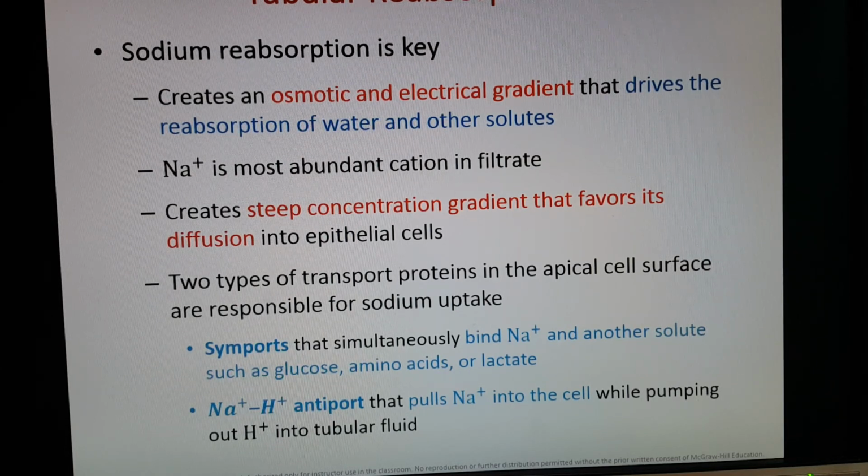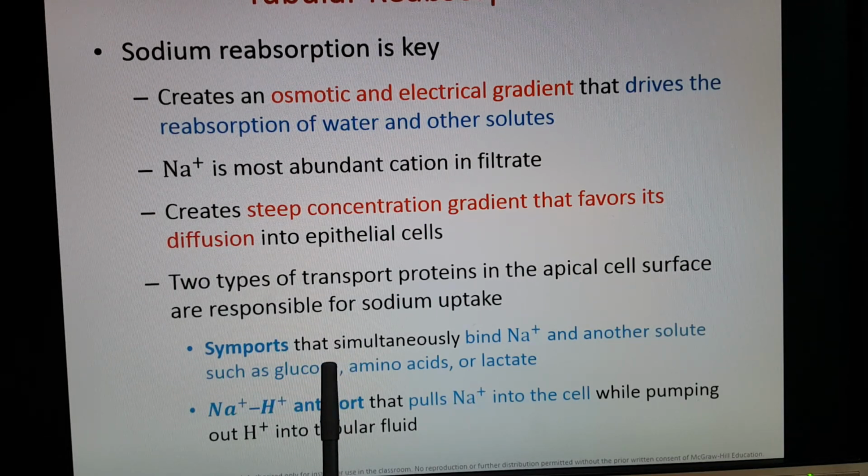So when it does go down its concentration gradient, other mechanisms, so other carriers, help to use this concentration gradient to move other solutes from the filtrate and back into the blood. So for example, you have symports that will bind to the sodium, taking the sodium down its concentration gradient, but also binding to something else to take it in the same direction.